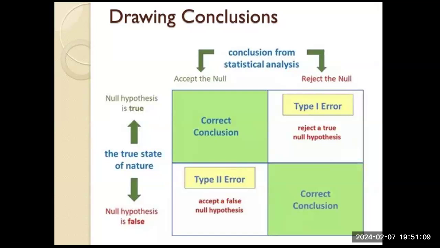So if the null hypothesis is true, then people don't care if they see bones piling up. And so that's their conclusion. They accept the null. If that happens in the regular population, then you've come up with the correct conclusion. So that's in green. You accept the null, that's your conclusion from the statistical analysis. And in the population, it's true, that's the correct conclusion.